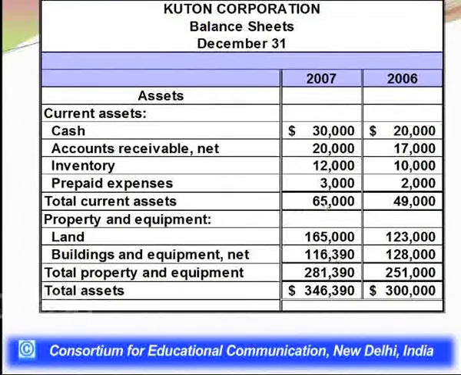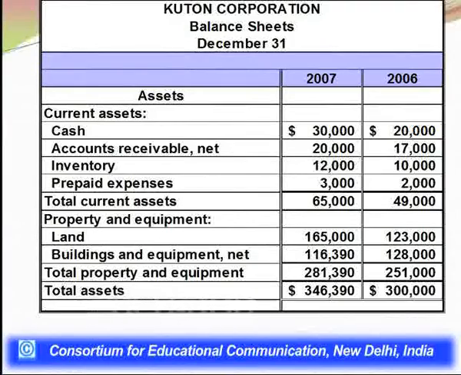Now out of this 65,000, we should be subtracting the inventory of 12,000 and the prepaid expenses of 3,000. So 65,000 minus 15,000, the remainder would be 50,000, and that would be your quick assets.